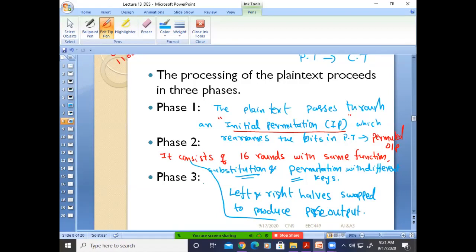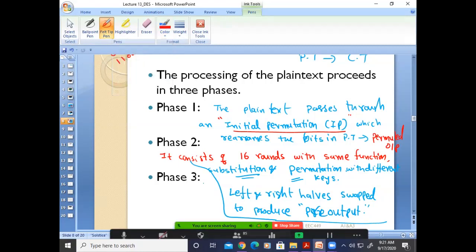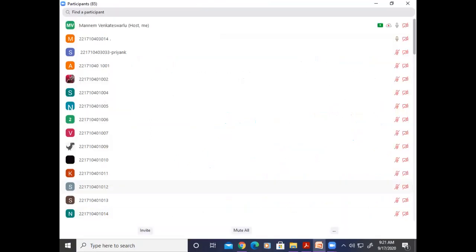Once the rounds are completed, before phase 3, the left and right halves must be swapped to produce the pre-output. Clear up to this? Please confirm. Yes, sir.